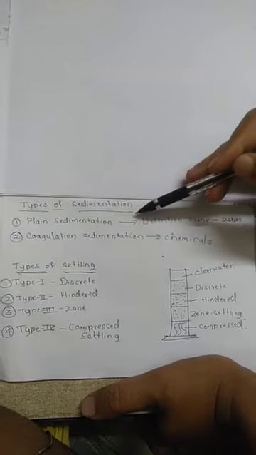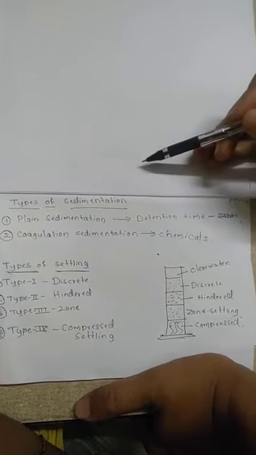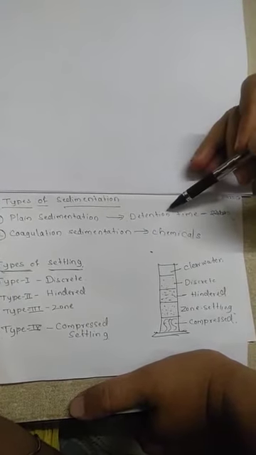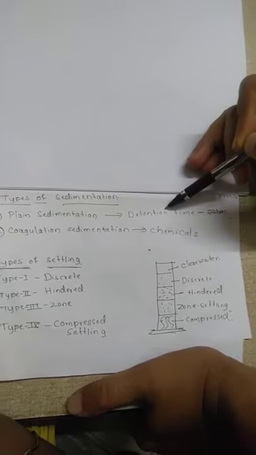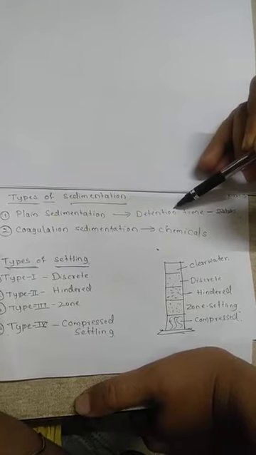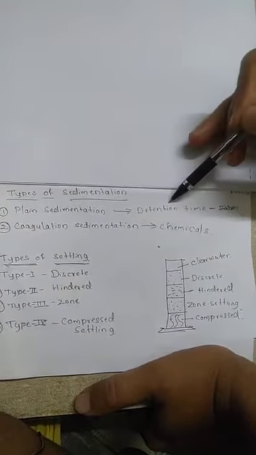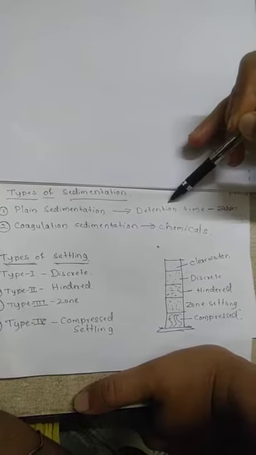Plain sedimentation is if we allow the water to stand in a tank for a certain amount of time, that is detention time. After giving some amount of detention time, the particles are going to get settled down by their own weight. Remember, plain sedimentation is nothing but sedimentation with a given detention time.